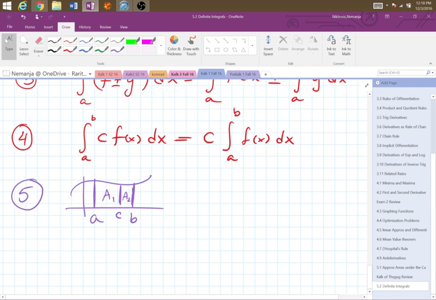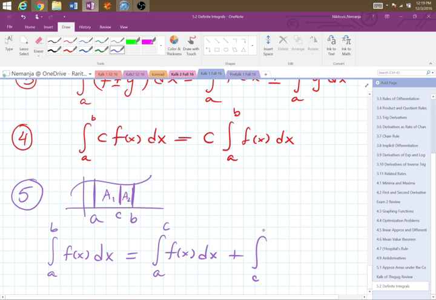So this means that I can take integral A to B and break it over two integrals with the value C, and that value C can be anywhere as long as this function is continuous, nicely behaved, and all that kind of stuff. So A to C of the same f of x dx plus C to B f of x dx.